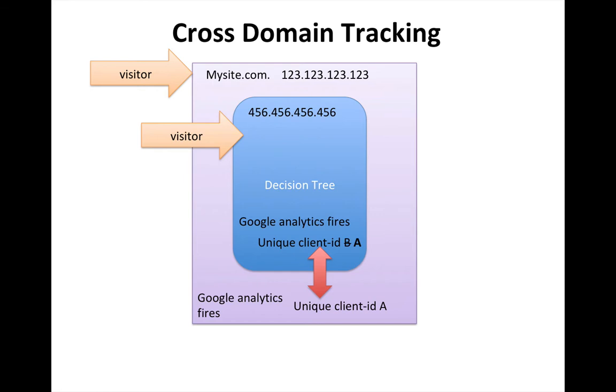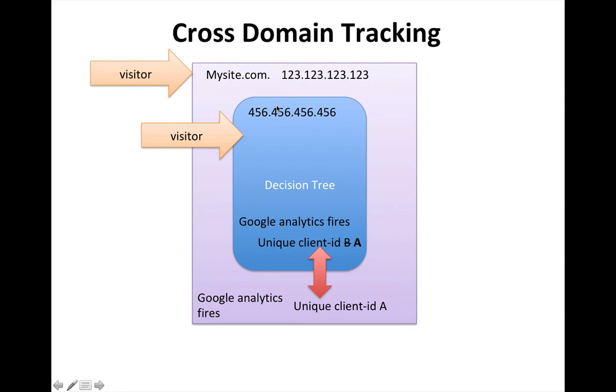It doesn't add any value to our marketing or to our analysis and analytics. So what we want to do is grab the referrer from where they came from. In order to do that, we need to trick Google Analytics to make the decision tree appear as if it's one and the same with the underlying page.